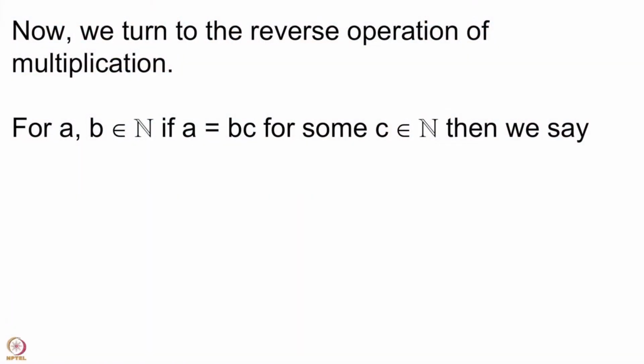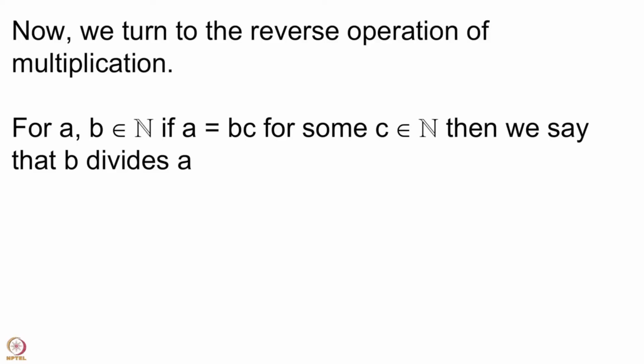Suppose we have a natural number A and another natural number B with the property that A is B into C for some third natural number C. If you have this, then we say that B divides A. Note it again that we are giving a definition of a natural number A being divisible by another natural number B. We are saying here, if you have A equal to BC for some third natural number, then B divides A. This is our definition of a natural number dividing another natural number.